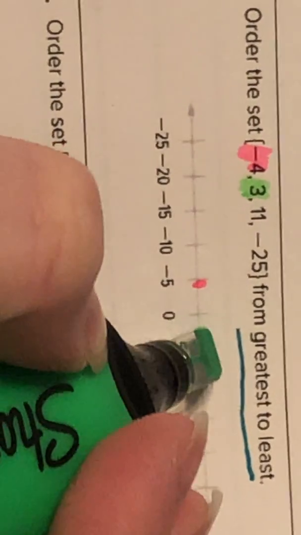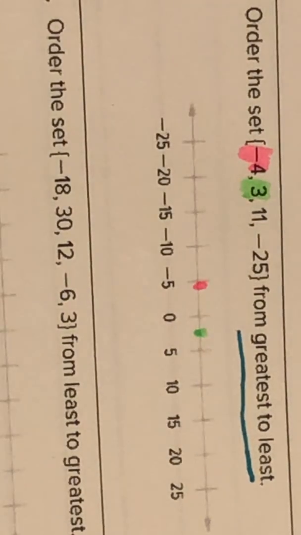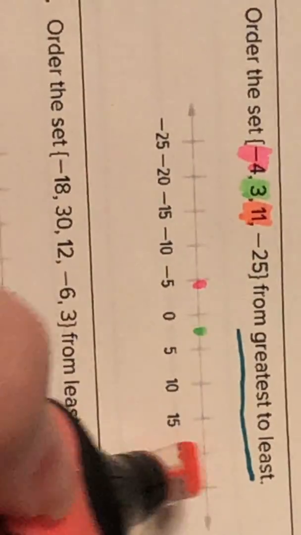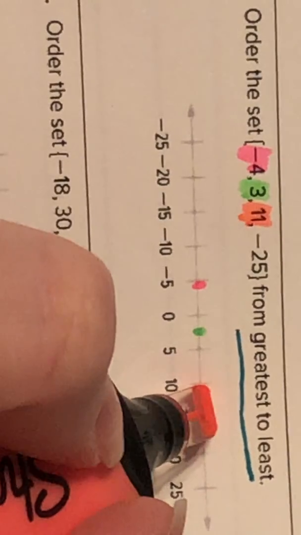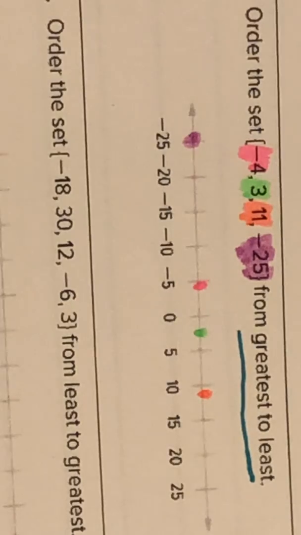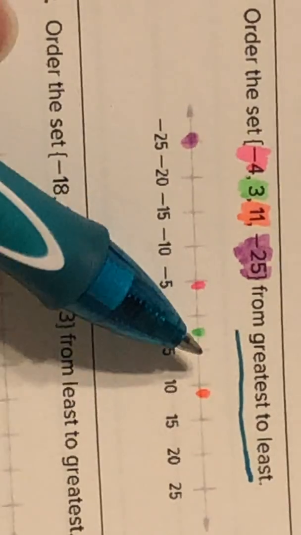It's about right there. 11. It's about right there. And negative 25 is right there. Okay?